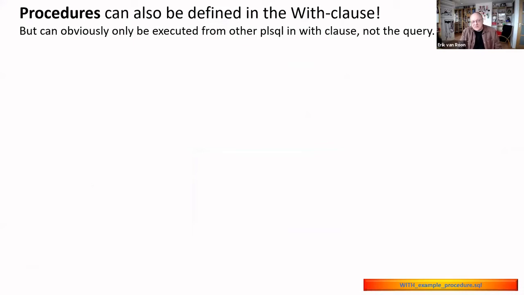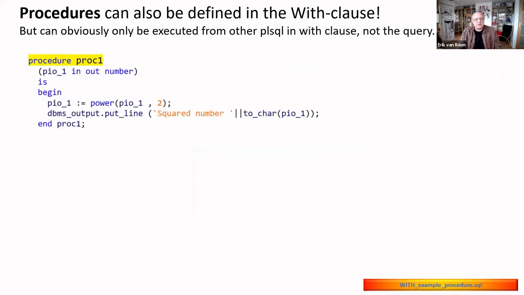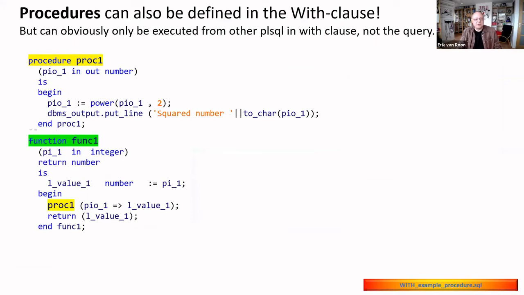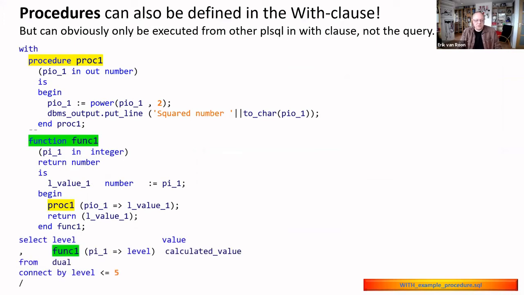But we can execute a procedure from a function in the with clause and then execute the function from within your query. An example here, here's a procedure and there's a function that calls that procedure. We put it in the with clause and we call the function from the query.